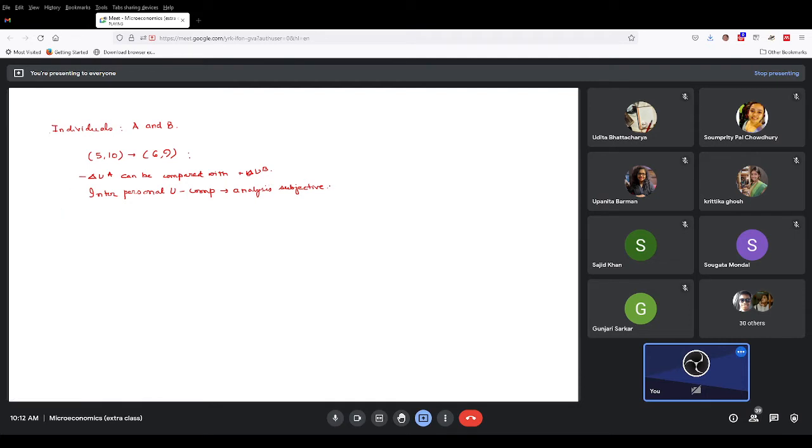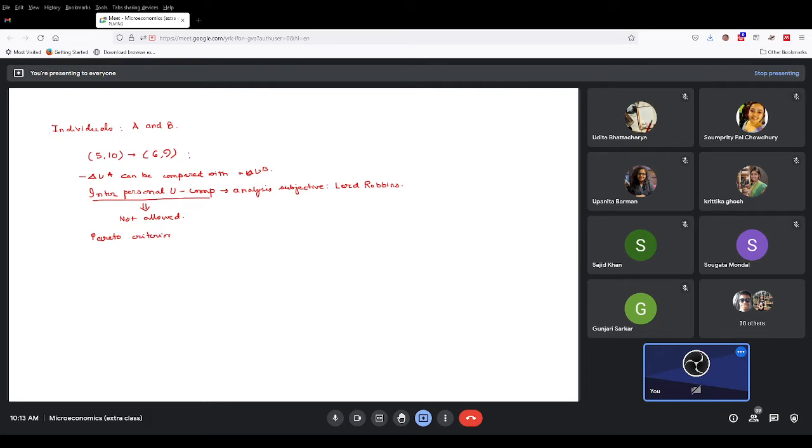So this was the main criticism by Lord Robbins. The alternative is that we do not allow interpersonal utility comparisons. In that case, it is possible to identify efficient points using the Pareto criteria.